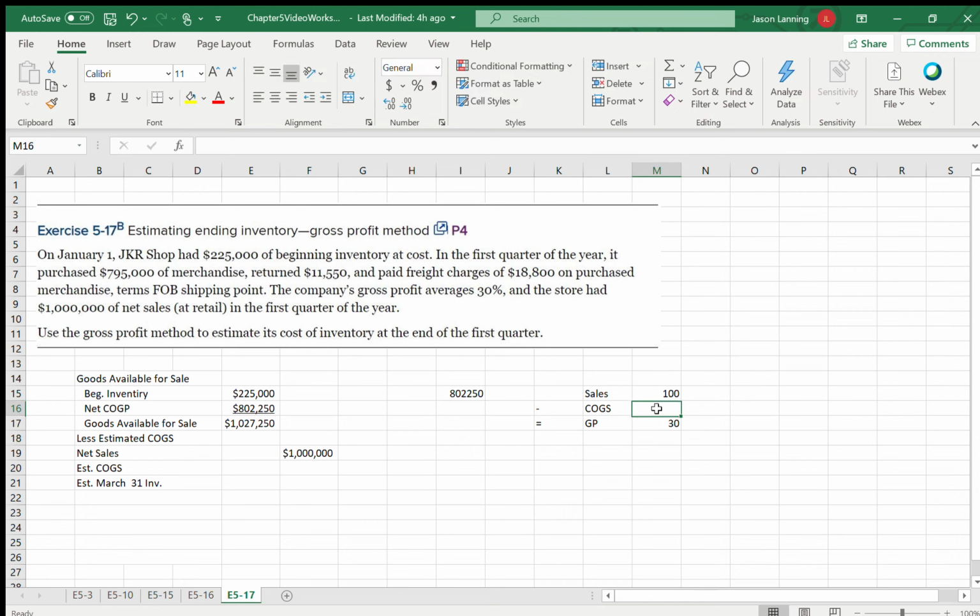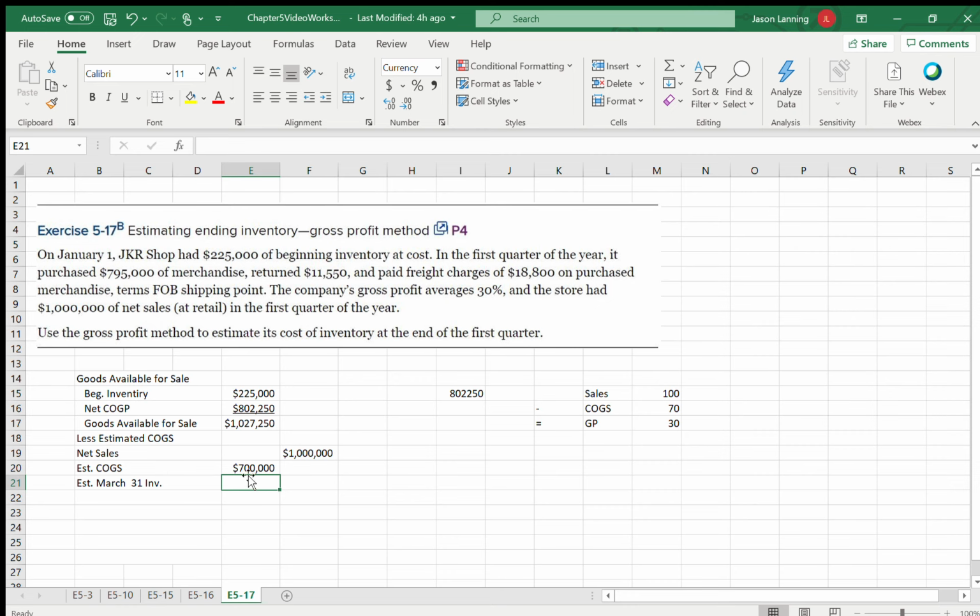So that means cost of goods sold has to be 70%. So our estimated cost of goods sold is going to be 70% of our net sales, or 1 million times 70%, which is $700,000. That's what we're estimating for cost of goods sold to be.